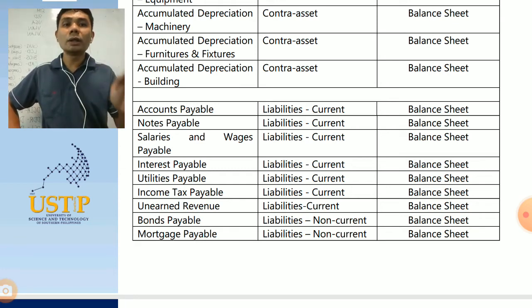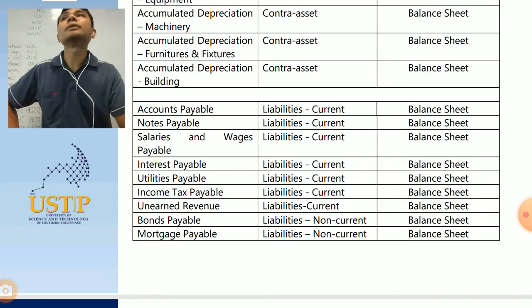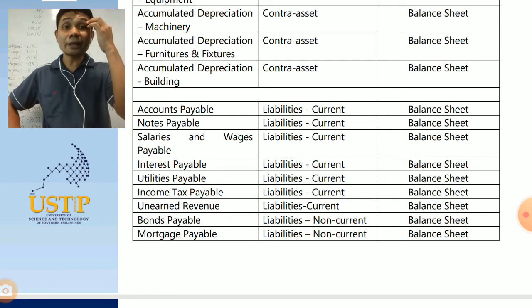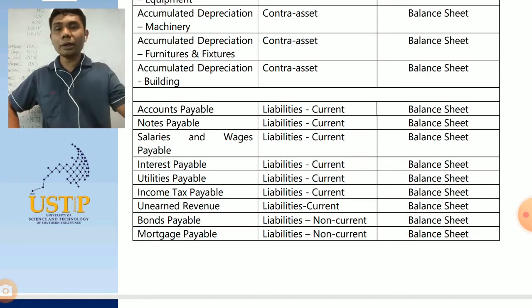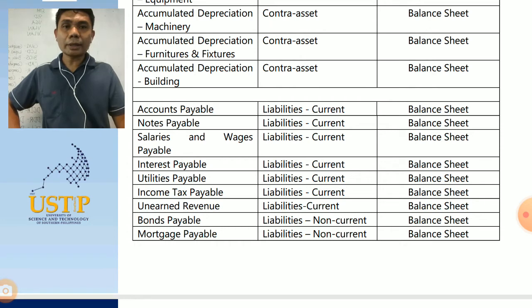Pero kung naa diha ang bill pero wala pa nabayran, then you recognize utilities payable. Sunod, income tax payable. End of the year na, so kinahanglan ka mag-recognize og income tax payable, especially kung wala pa nimo nabayri ang imong tax sa business. Next is unearned revenue. Unsa ang unearned revenue?